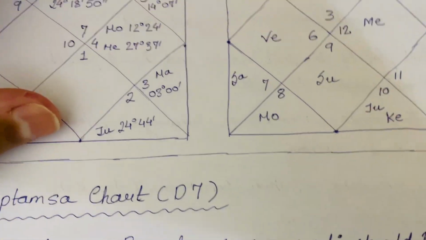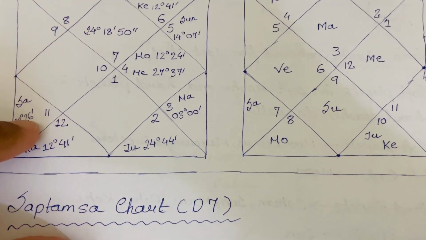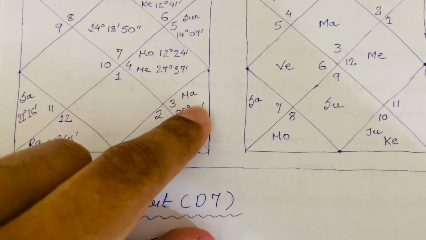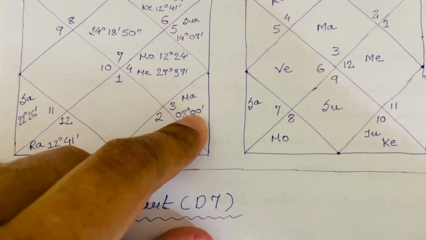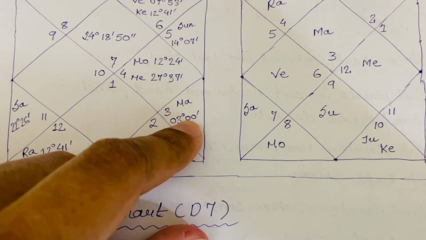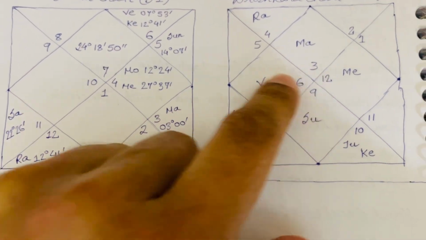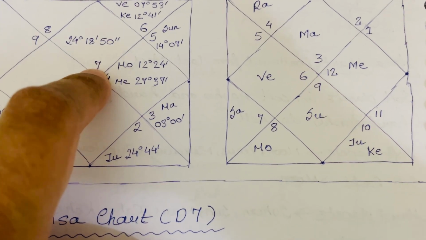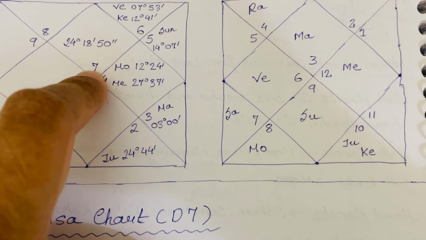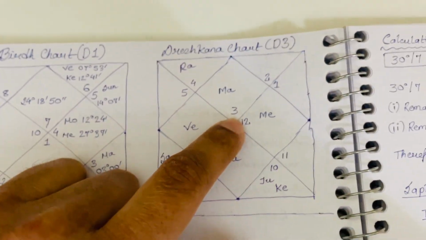Ninth house from itself means 1, 2, 3, 4, 5, 6, 7, 8, 9. So the Lagna or the ascendant rising of the Dreshkana chart will be Gemini, because ninth from 7, ninth from Libra, is Gemini. So the ascendant becomes Gemini over here, right?